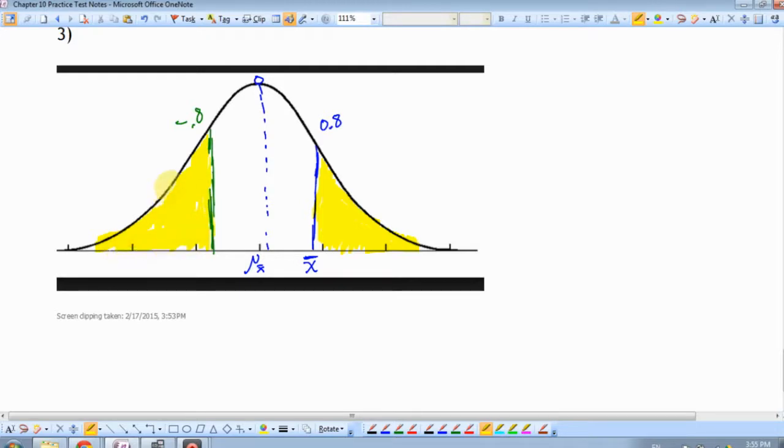I said null hypothesis, but that meant alternative hypothesis. The alternative hypothesis would be mu is not equal to 100. Since the alternative hypothesis is mu is not equal to 100, that means we have to use a two-tail test.